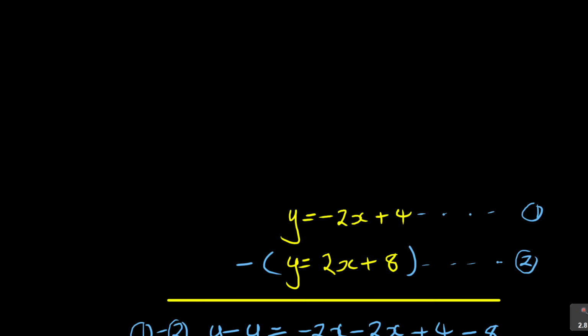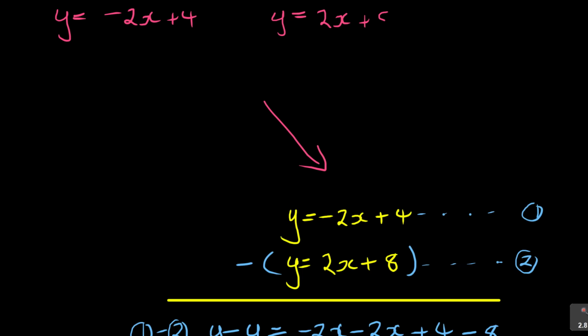It's the same, whichever way you do it. Other people prefer to do it like this. Since y is equal to -2x plus 4 and y is equal to 2x plus 8, they say this is y, this is y. They equate. Therefore -2x plus 4 is equal to 2x plus 8 because y is equal to y.